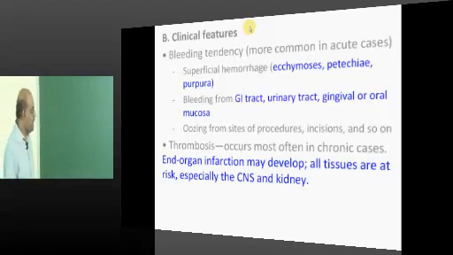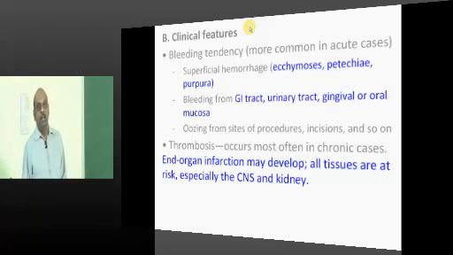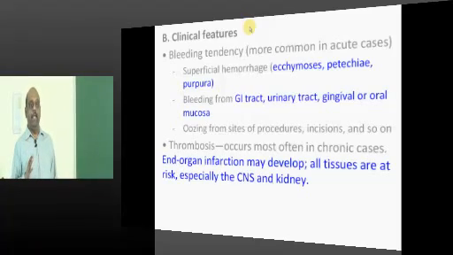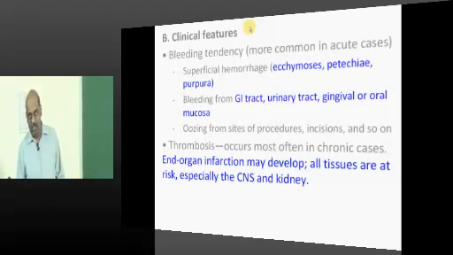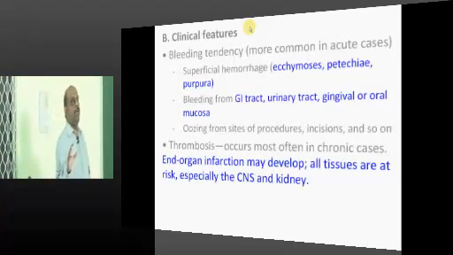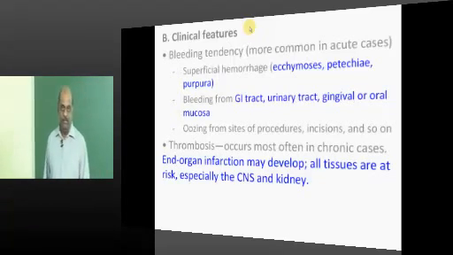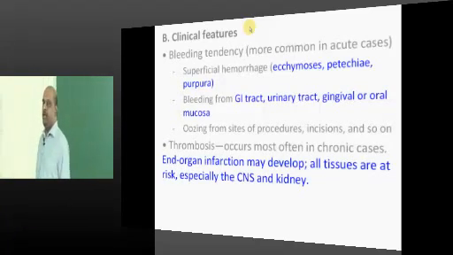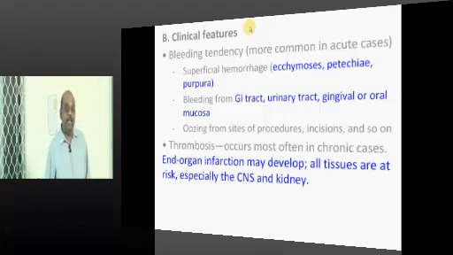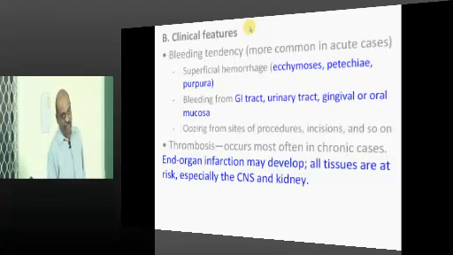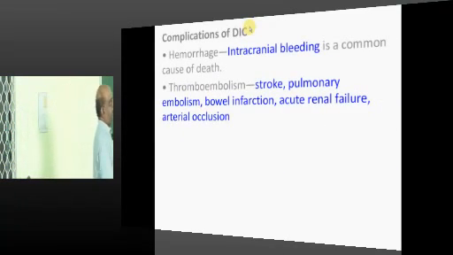But there are few exceptions where, in spite of the DIC, consumptive coagulopathy, you need to give heparin instead of FFP. When DIC and consumptive coagulopathy is due to snake envenomation, then you need to heparinize the patient, because there the clotting problem is more severe than the bleeding diathesis, is what I want to underscore to all of you.